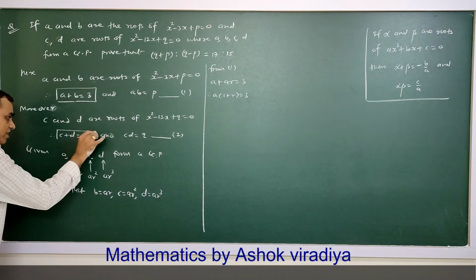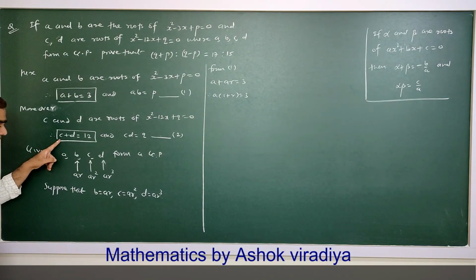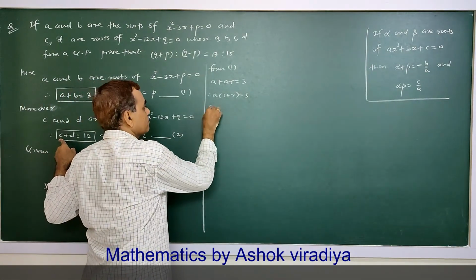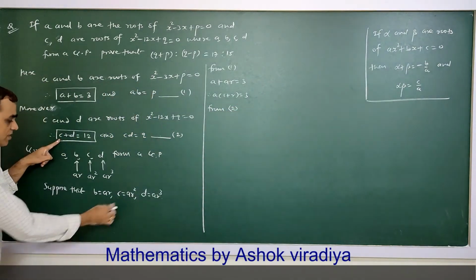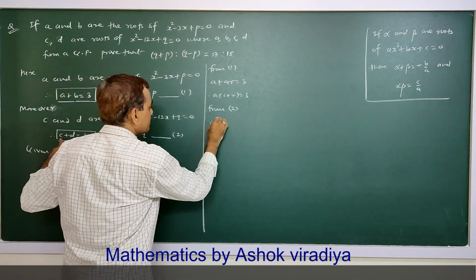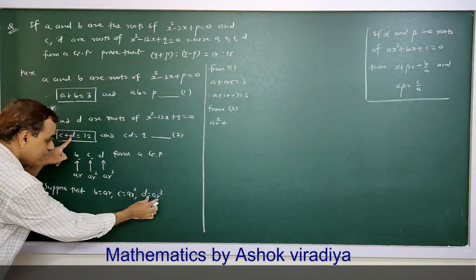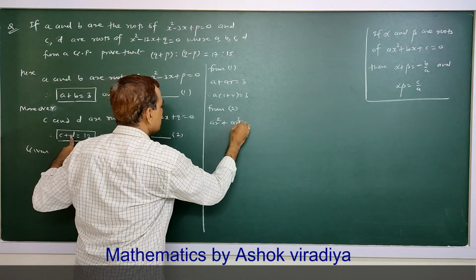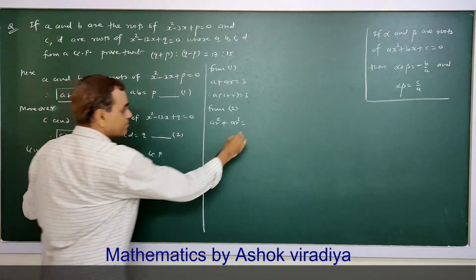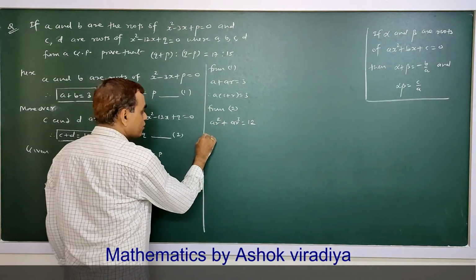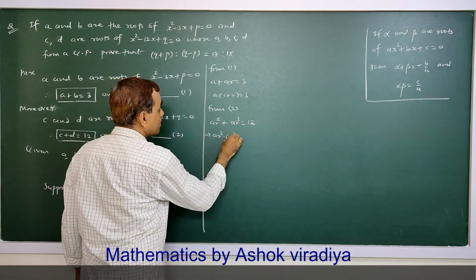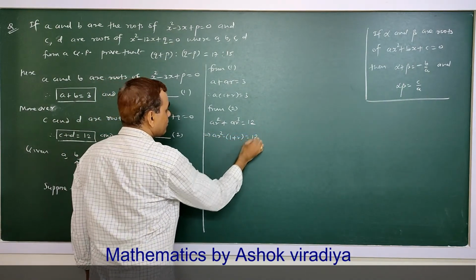And here in this equation, I am putting the value of C and D. So from equation 2, C is AR square, D is AR cube, and it is equal to 12. So taking AR square common, AR square into (1 plus R) equal to 12.